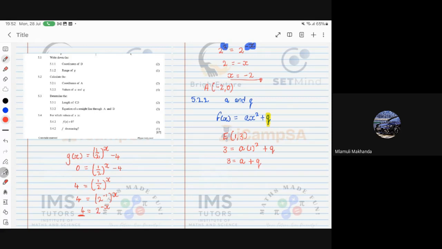We can call this equation 1. The reason we call it equation 1 is that we still have two unknowns here, so we cannot solve directly for any of the values right now.